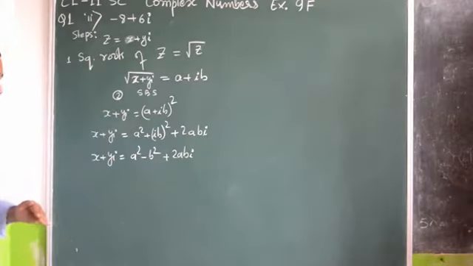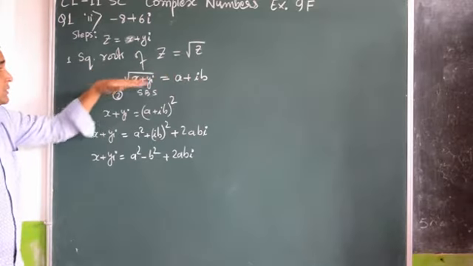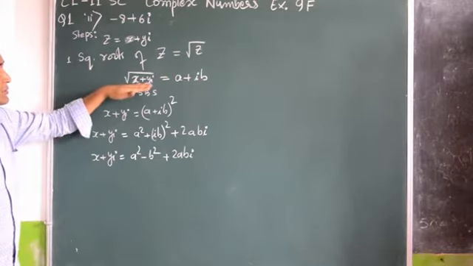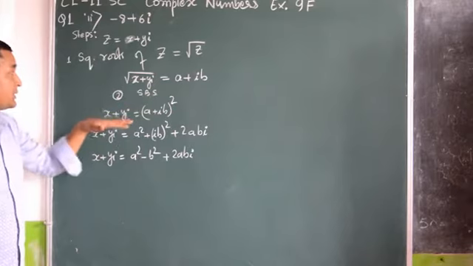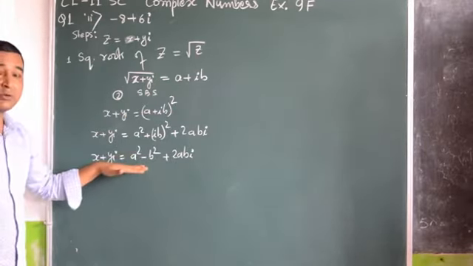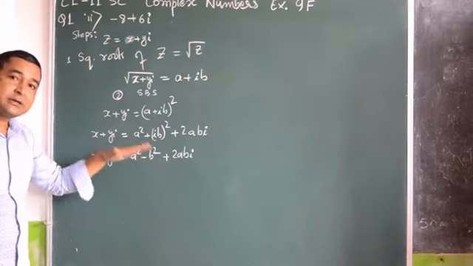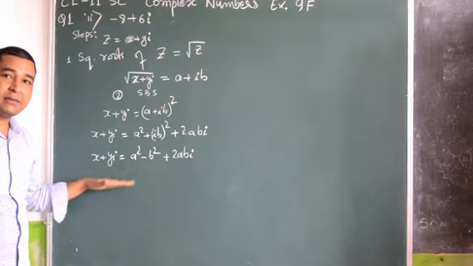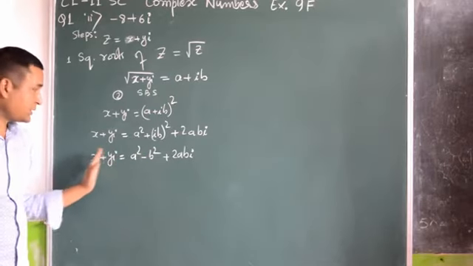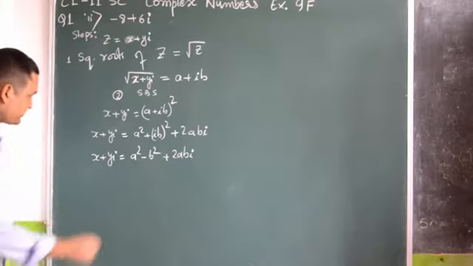Now from here, first consider the square root of the complex number equals a plus ib. Then do the squaring on both sides. After doing the square on both sides, you will get the equation. From this equation, separate real and imaginary parts, comparing the left hand side as well as the right hand side.